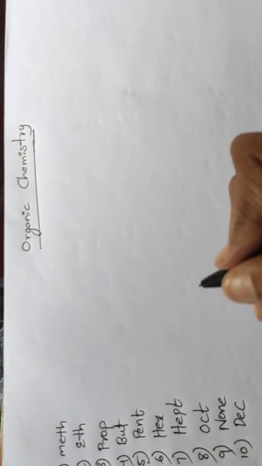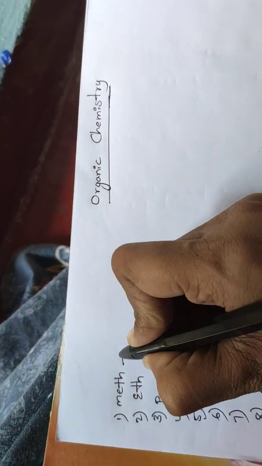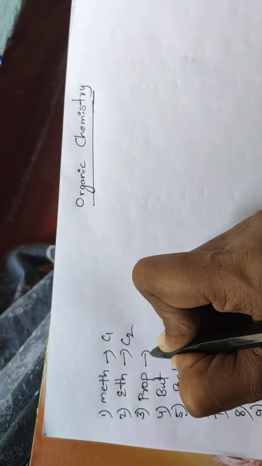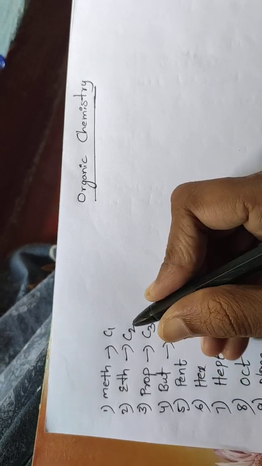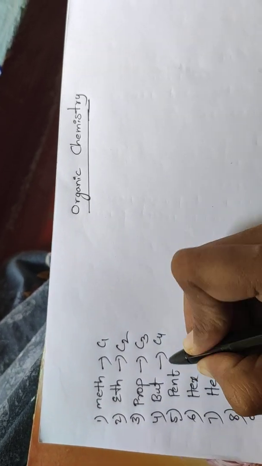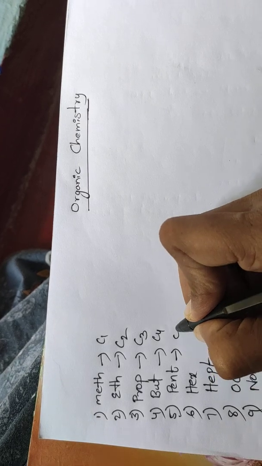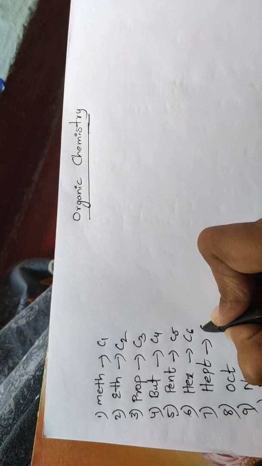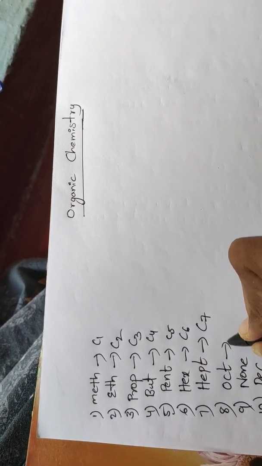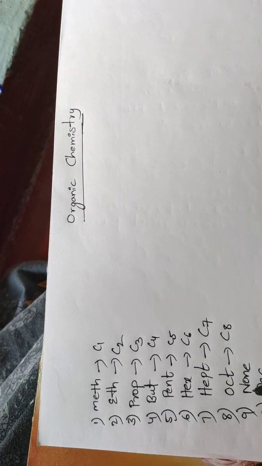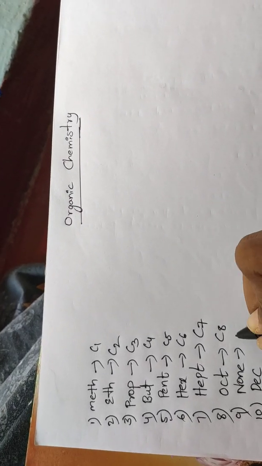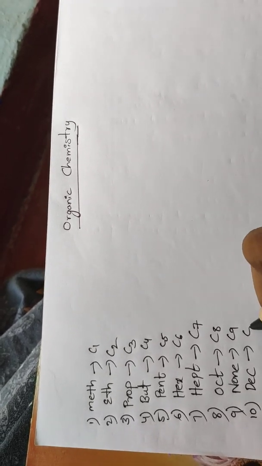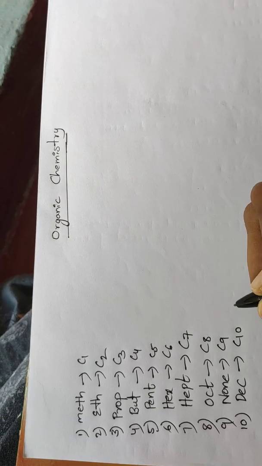Okay, now you know about it. If you have one carbon, meth; two carbons, eth; three carbons, prop; four carbons, but; five carbons, pent; six carbons, hex; seven carbons, hept; eight carbons, oct; nine carbons, non; and if you have 10 carbons, that is called deck.